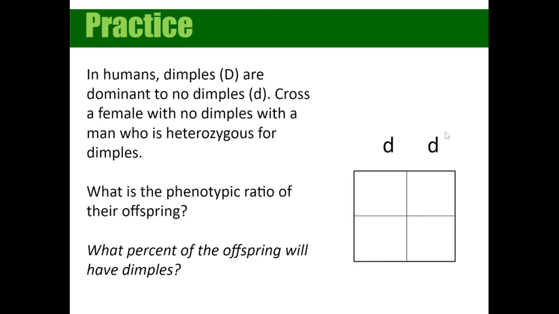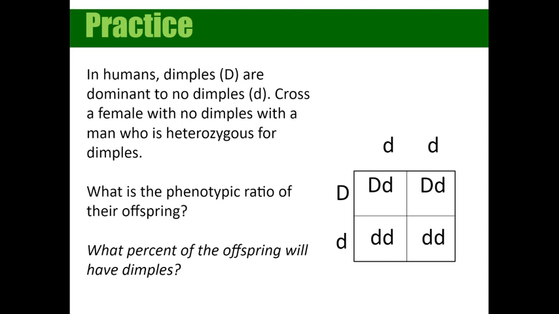So we're going to put mom on top. So cross a female with no dimples. So no dimples is going to be two little d's, and a man who is heterozygous for dimples, which means they'll have a big D and a little d.